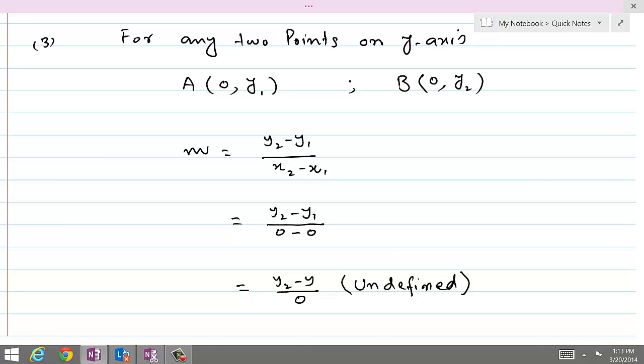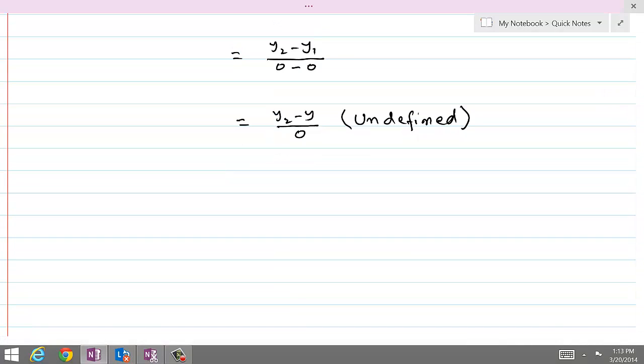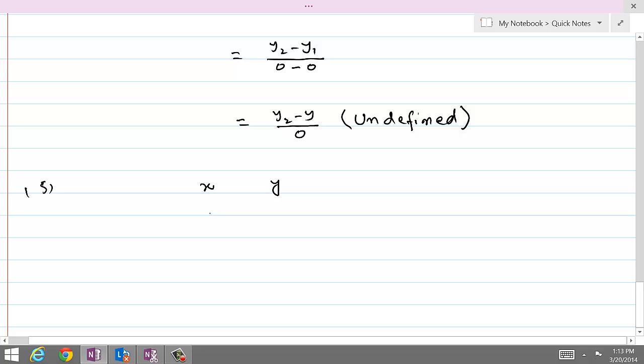And now the last question, the slope of data in a table. If we have data in tabular form, this will be question number 5. Here we have values for x as 2, 4, 6, 8, and values of y are 3, 6, 9, and 12.